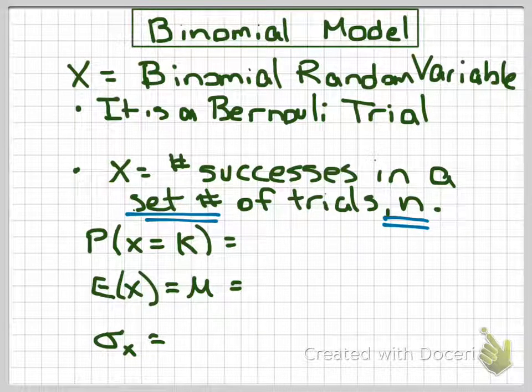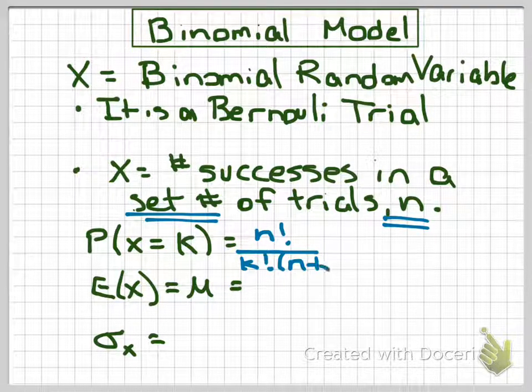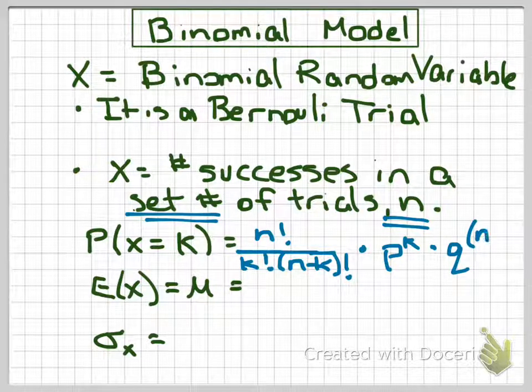And so the formula here is very complicated because we have to consider all the different combinations. And that's going to be N factorial over K factorial times N minus K factorial times P to the K power times Q to the N minus K power.